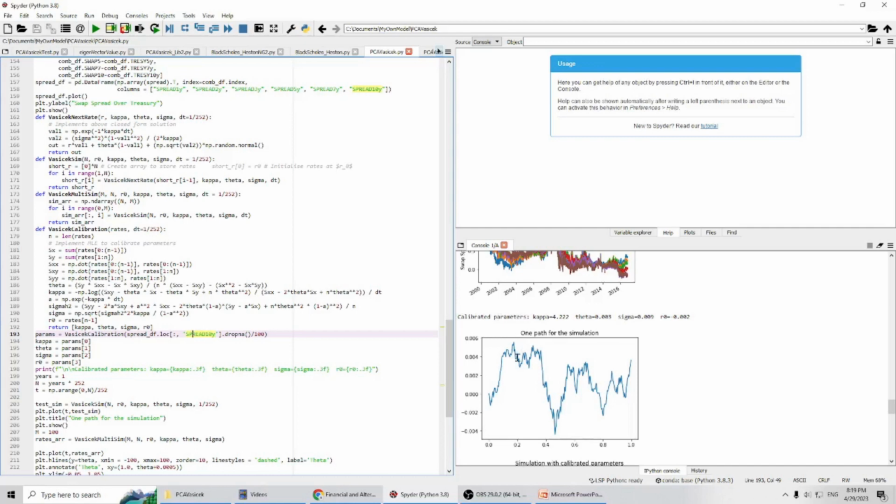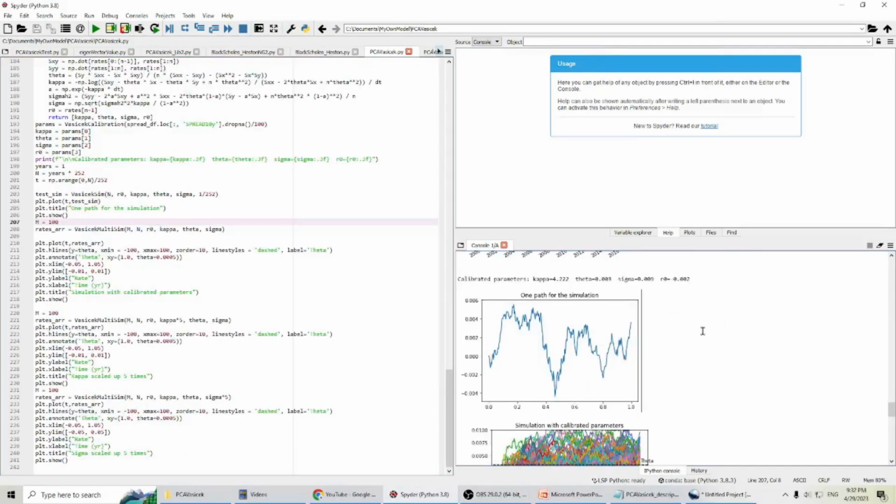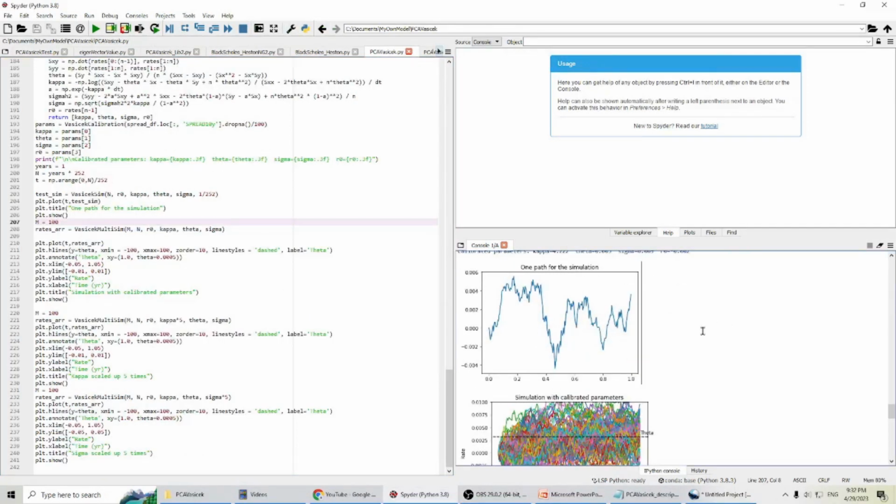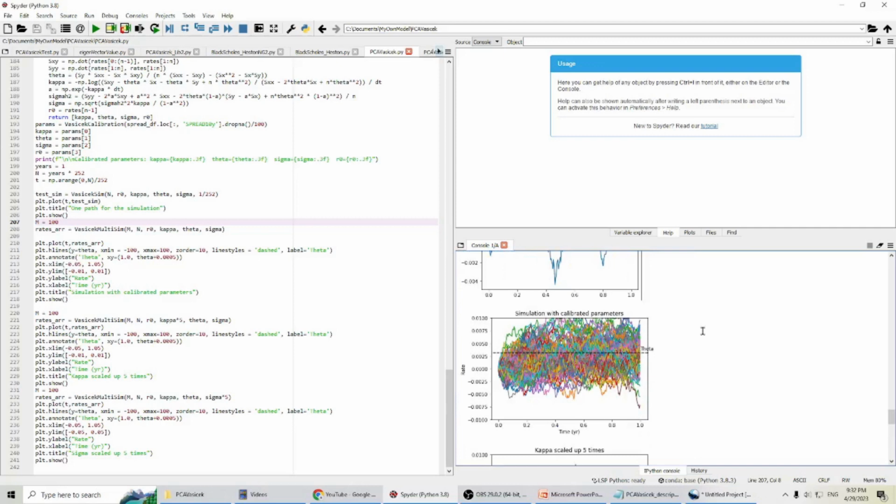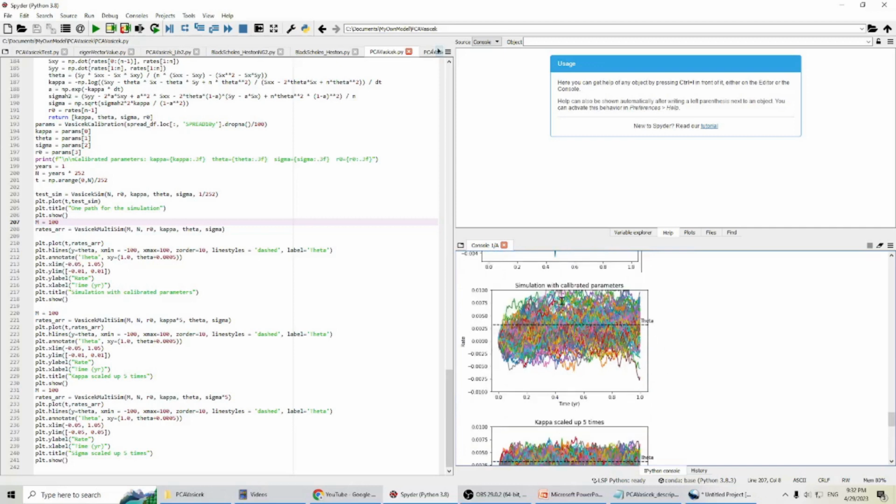And of course, with those calibrated parameters, we can run the simulation. This is one path of the simulation. If we run the simulation 100 times with the calibrated parameters, the result will show like this.